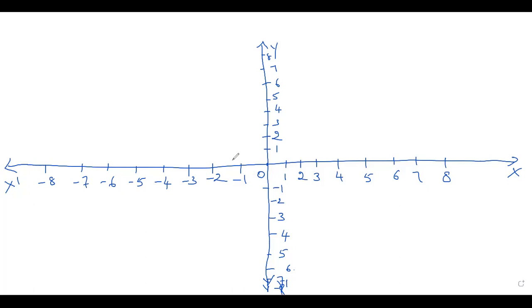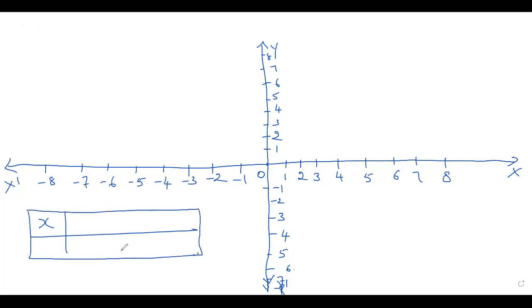Yes. So I'll write the points here, children. What you have found out, the points, all of you write it in the table like this. You put x and y.